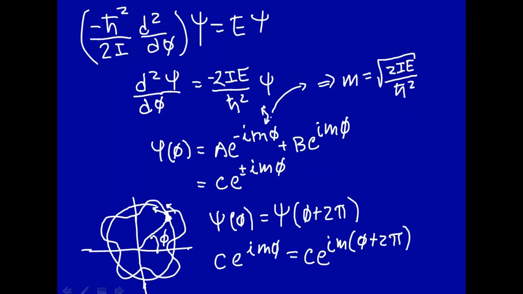Okay, so the way we do that is to integrate psi star psi over all space. Let's apply that to here. All space for this particular system is from 0 just to 2 pi. That will incorporate, in the phi dimension, all space.